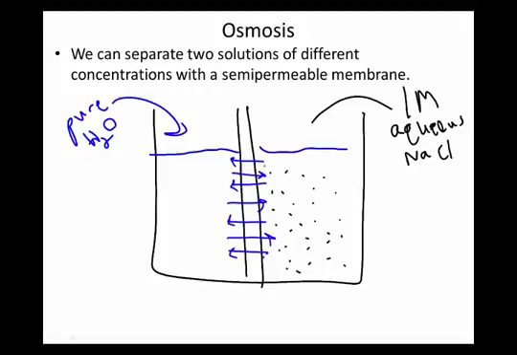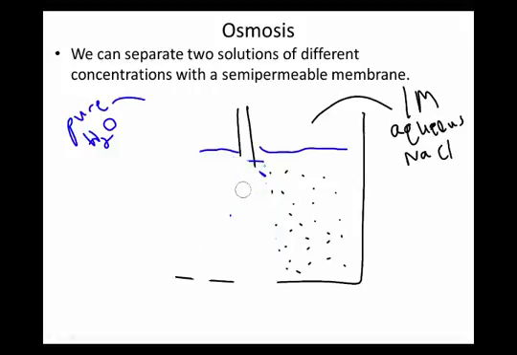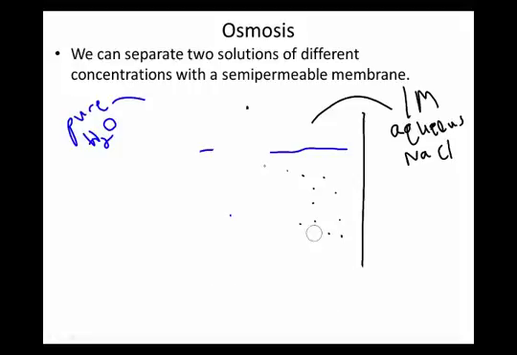So let's zoom in and look at the semi-permeable membrane up close. Again, we'll keep pure water on the left side, and 1 molar aqueous sodium chloride on the right side. Here's my membrane.